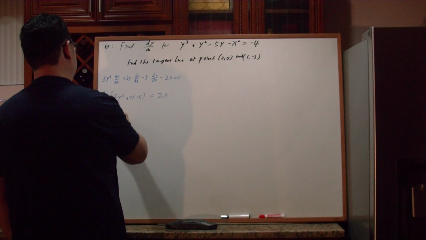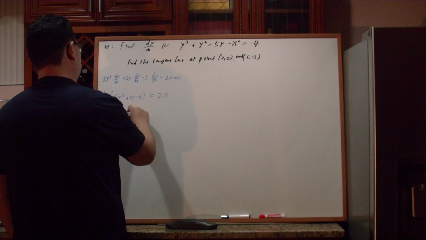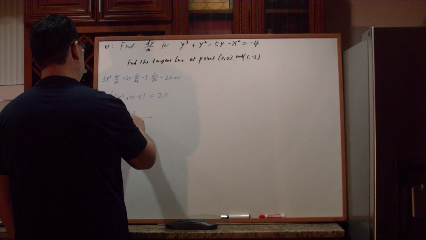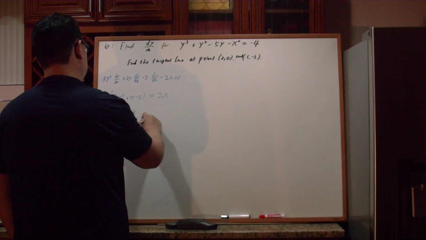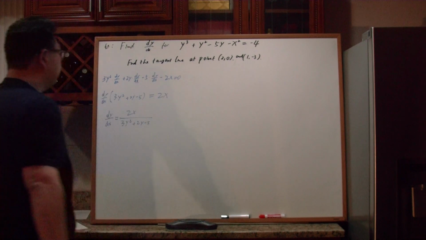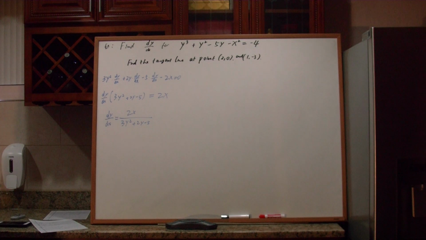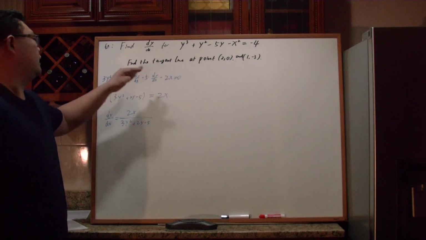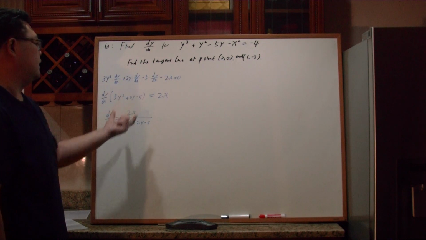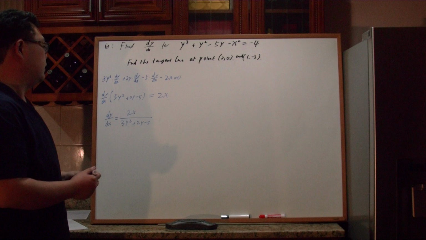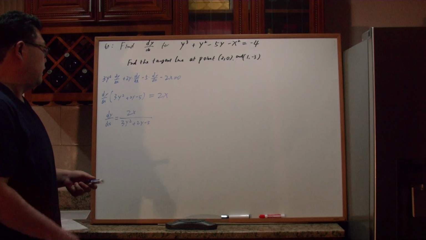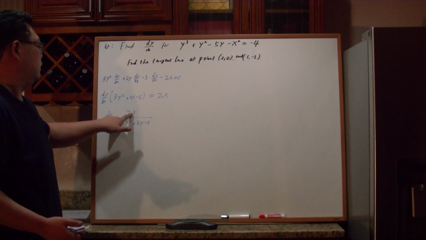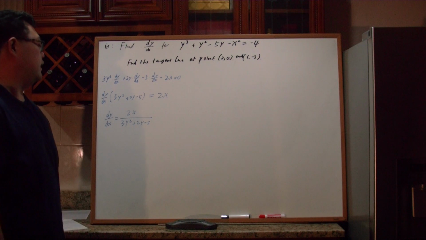So dy/dx is 2x over 3y squared plus 2y minus 5. That is the derivative of this expression. I jumped a little in the solving; if you follow step by step, like moving terms first and then factoring out, you'll get the same result. Maybe I dropped a step or two, but I kept the necessary steps.